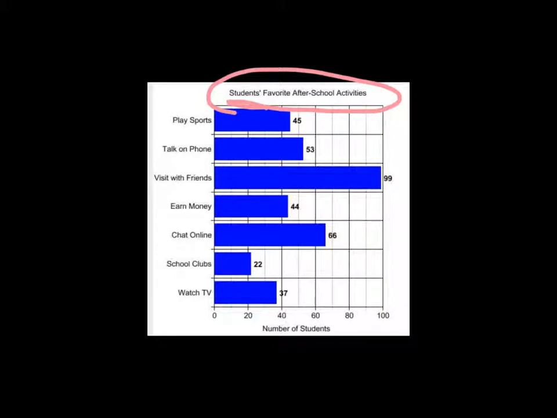But for us in class, most of the time our bar graphs are going to go vertical instead of horizontal. So in this situation, the y-axis is actually the category. So remember, the y goes up and down. This is the category, which looks like favorite after school activities.